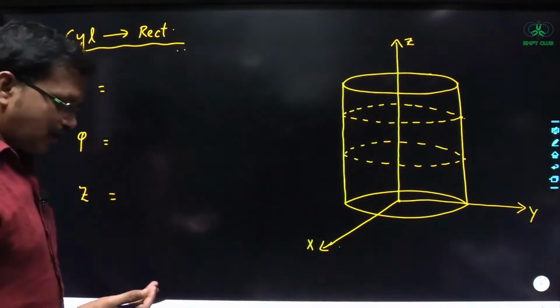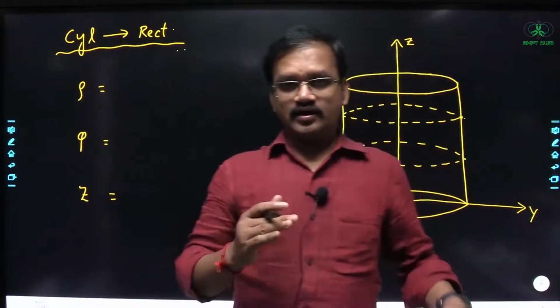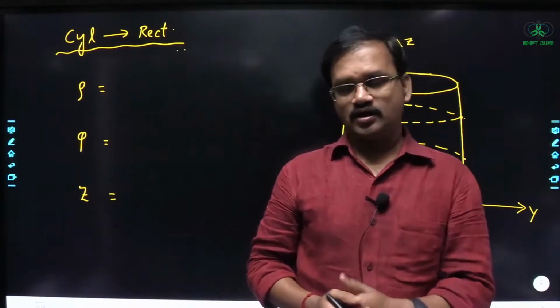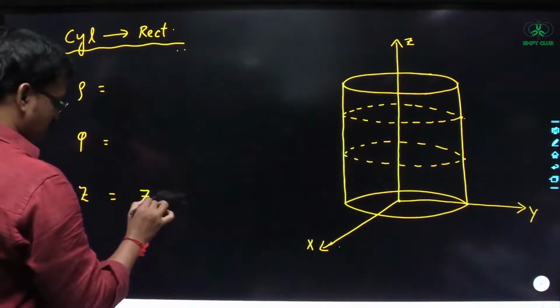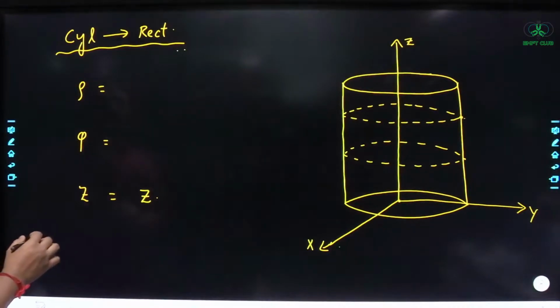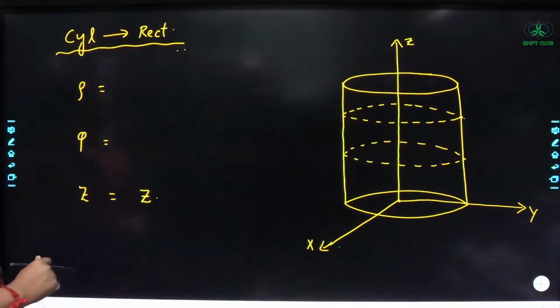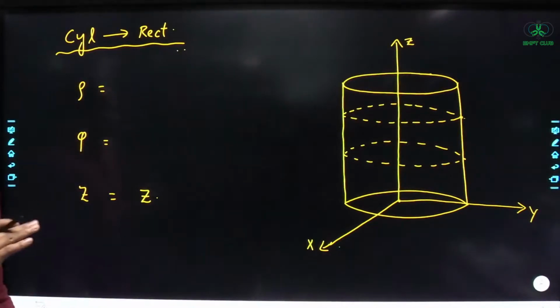I have already told you that the definition of z remains the same whether in a cylindrical or a rectangular coordinate system. So now we try to represent rho in terms of rectangular coordinates and phi in terms of rectangular coordinates.